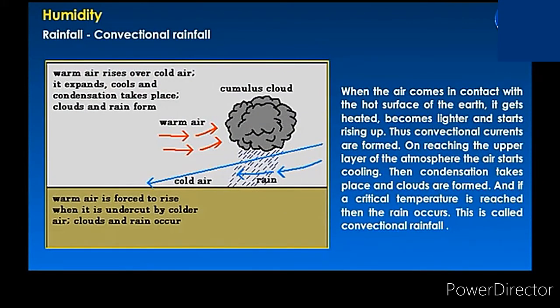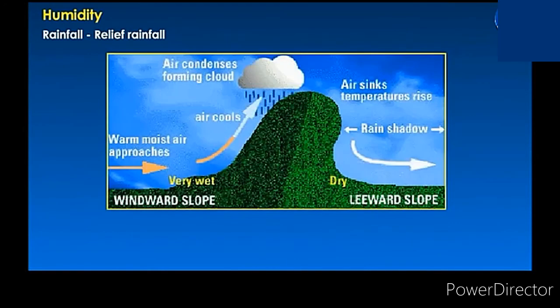When the air comes in contact with the hot surface of the earth, it gets heated, becomes lighter, and starts rising up. Thus, convectional currents are formed. On reaching the upper layer of the atmosphere, the air starts cooling. Then condensation takes place and clouds are formed. And if a critical temperature is reached, then the rain occurs, and this is called convectional rainfall.